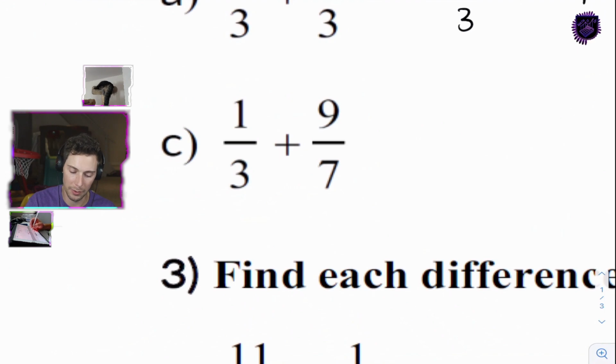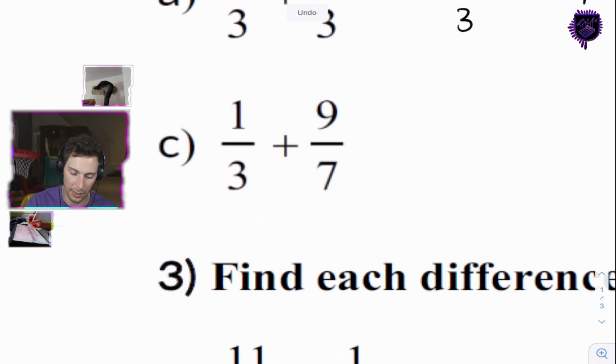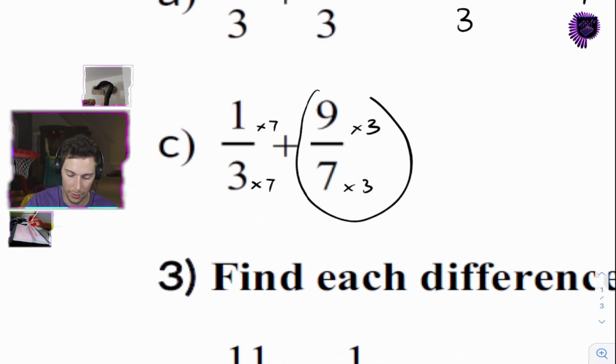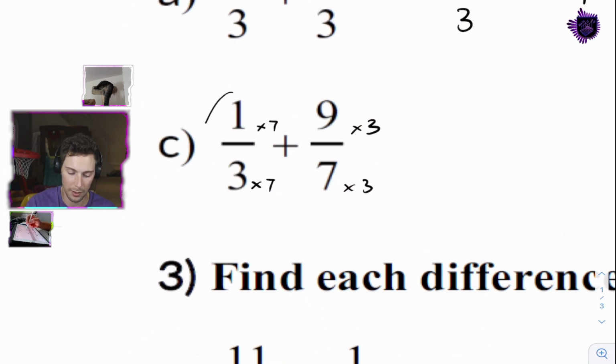So we're going to multiply 3 and 7. So it'll look like this, times 7, times 7, times 3, times 3. So we're multiplying this whole side by 3 and multiplying this whole side by 7, which is each other's denominators.